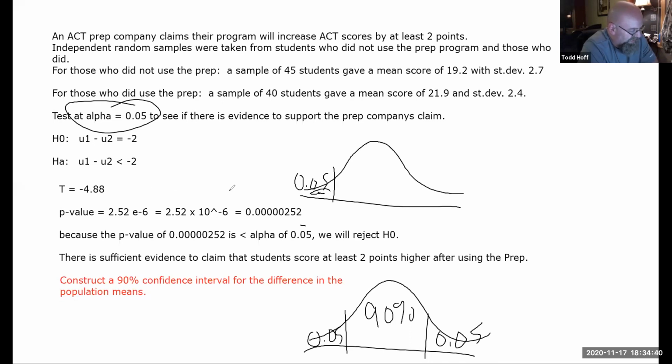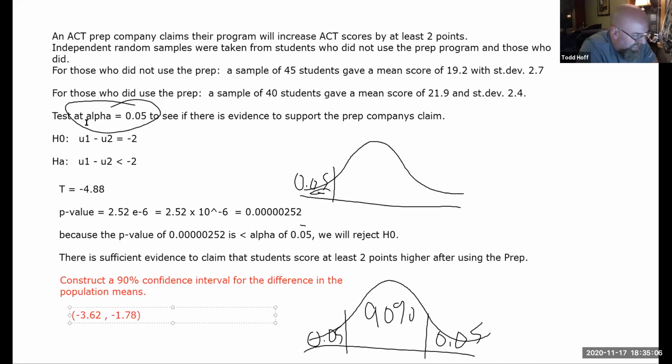The hypothesis test said the difference is definitely more than 2 points, at least 2 points higher. However, we got a confidence interval here, and there is sometimes a little bit lost in translation in the confidence intervals, but that went from a negative 3.62 to a negative 1.78.